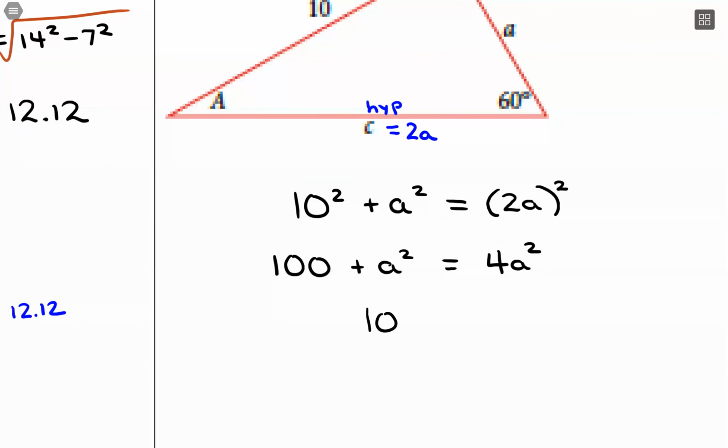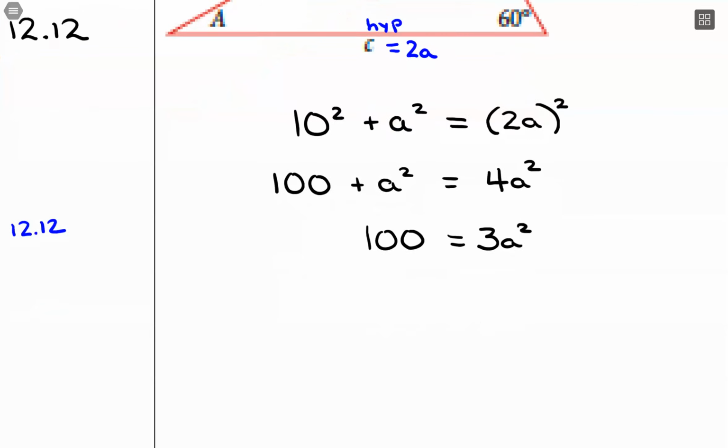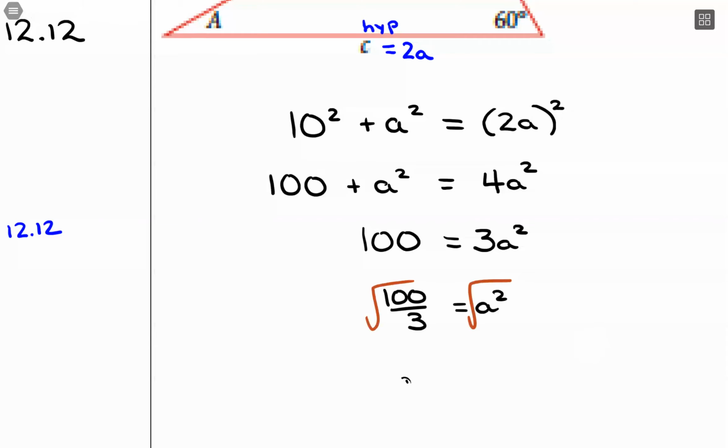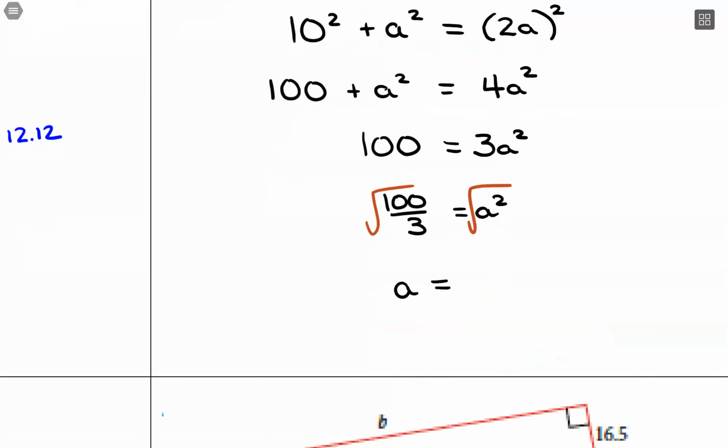Subtract A squared from both sides, and that'll leave us with 3A squared. Divide by 3. Take the square root. So A is going to be the square root of 100 divided by 3, which, ooh, sorry about that, is about 5.77.